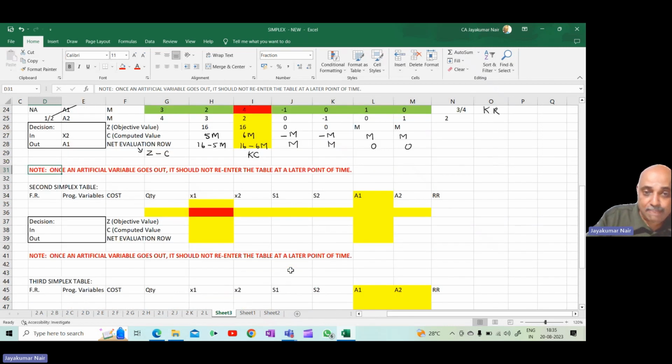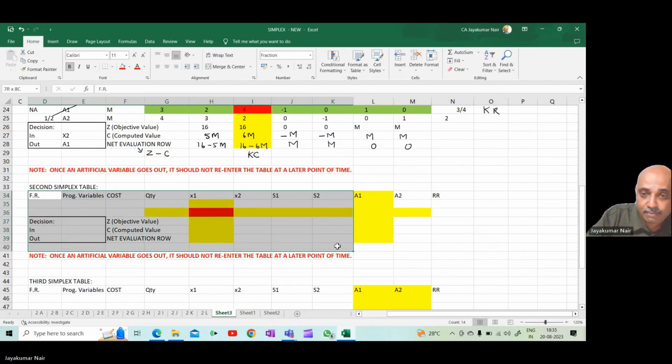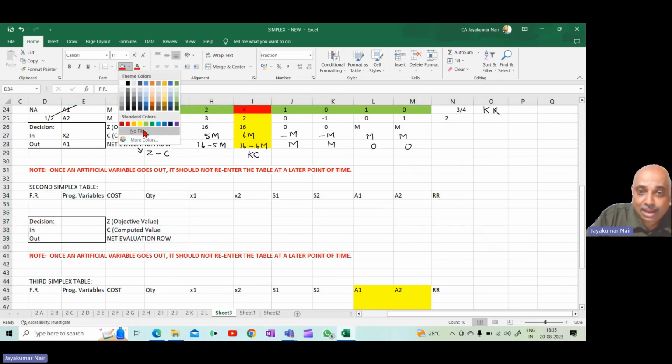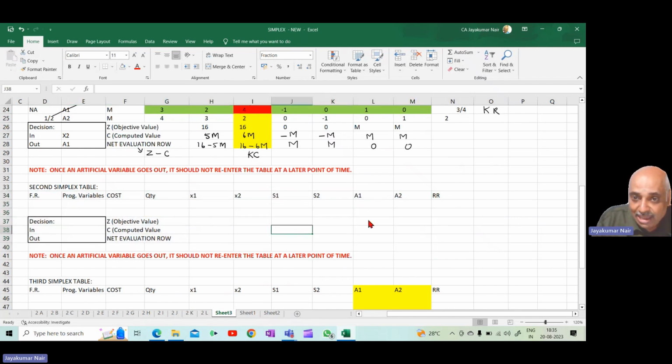So in the next table, when you are preparing the second table, you will cancel out this A. This column will not be there. So you can leave this column blank or you can just cancel it out. That A1 should not re-enter the table because it's an artificial variable.